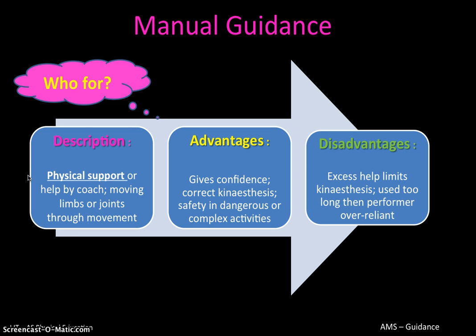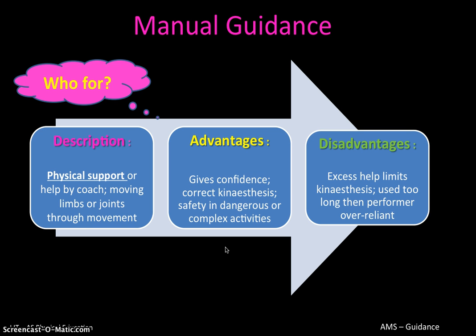So manual guidance is the coach physically moving or physically supporting a learner, and that could be, for example, a gymnastics coach supporting a learner as they're learning a crab arch. The advantage of this is, in many cases, you can give the learner confidence. If you're helping them, a tennis coach may be guiding a tennis player through a certain swing action.